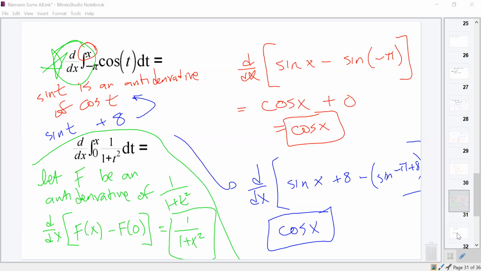Wait, so when you evaluate the derivative of the integral and the thing that comes out at the end, like cosine x or 1 over 1 plus x squared, is that the value of the integral or is that the function? No, that is the value of the derivative of the integral of this function from 0 to x. It's just that function in terms of x. That's all it is. It doesn't represent anything other than the fact that the derivative and the antiderivative are inverse operations of each other.